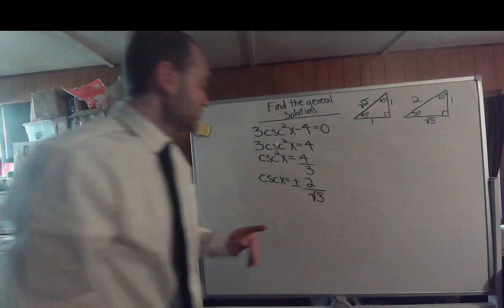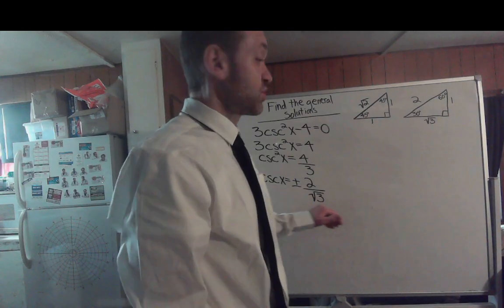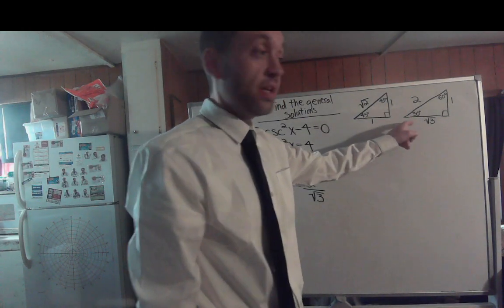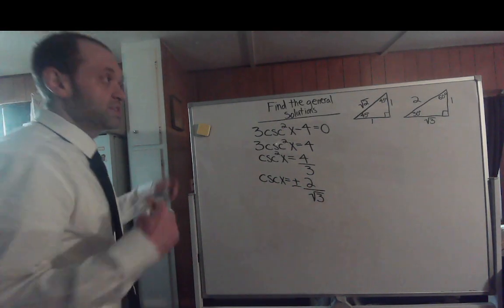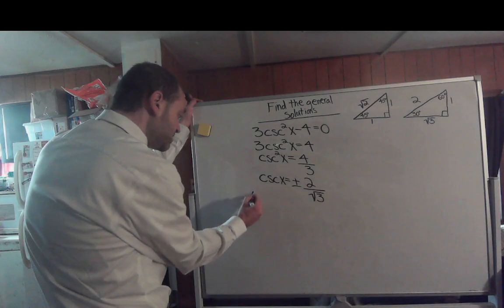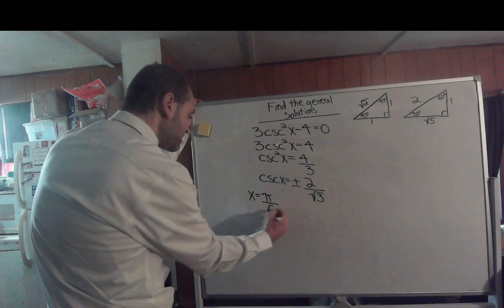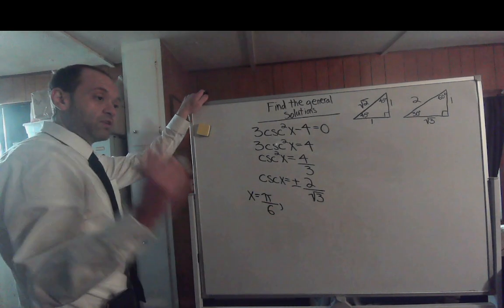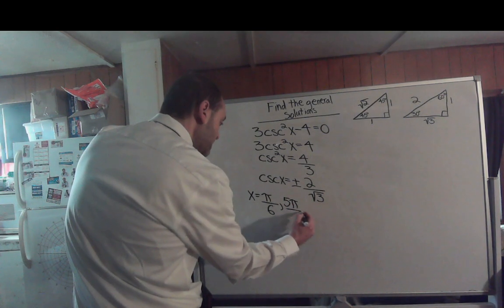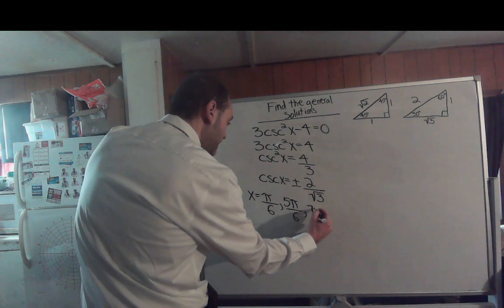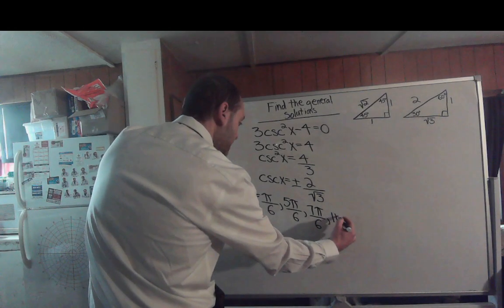So let's see where the cosecant in general is 2 over the square root of 3. That's going to be a 30-degree angle, so all these are going to be based off of a pi over 6 reference angle. So you can start out with x equals pi over 6. In the second quadrant, that would be 5 pi over 6. In the third quadrant, that's 7 pi over 6. In the fourth quadrant, that's 11 pi over 6.